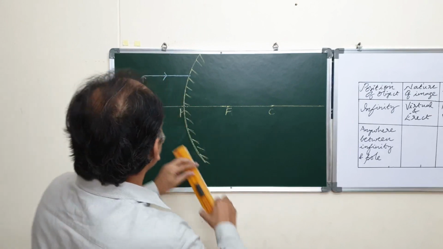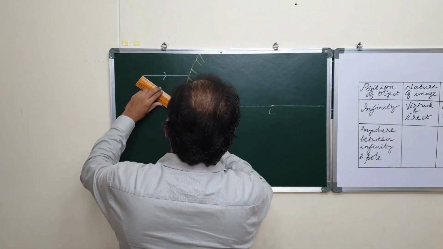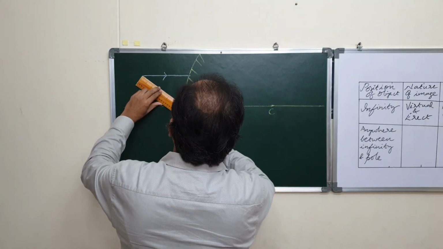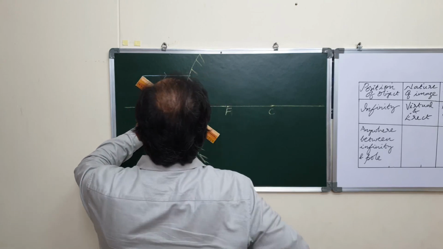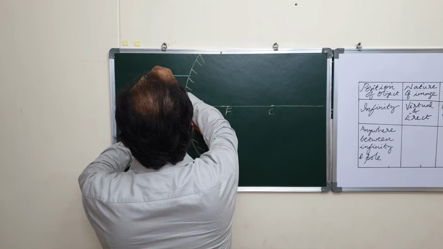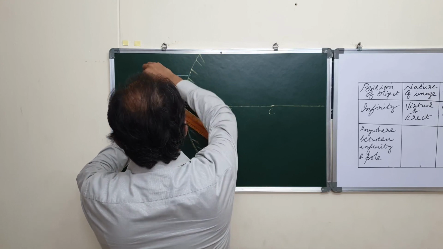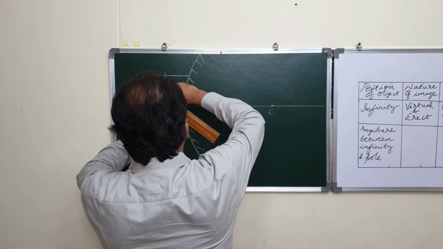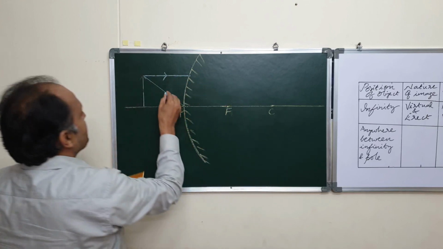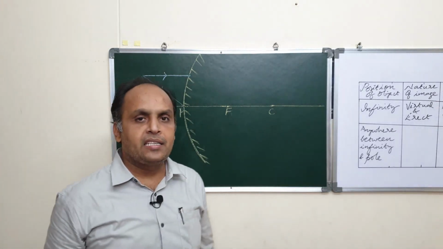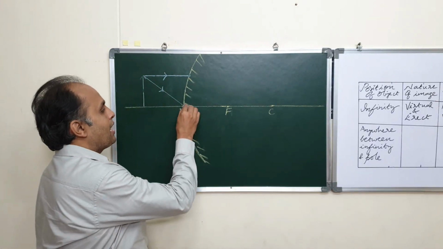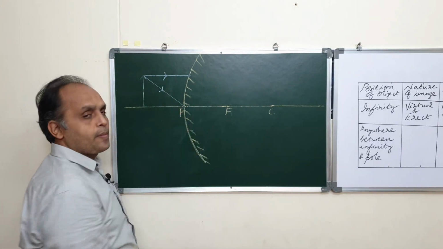Okay, so something like that. So this is the second ray of light that is coming and hitting the mirror at the pole, and this is its point of incidence.